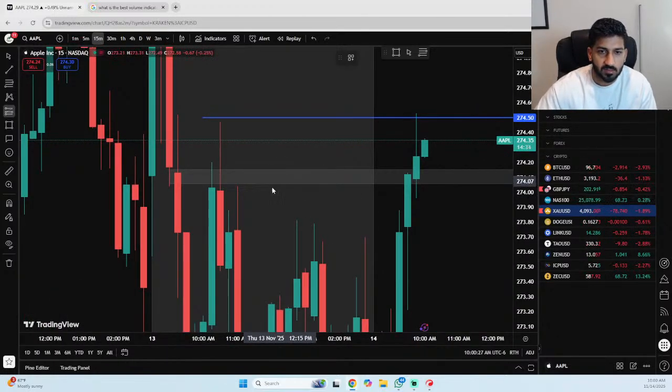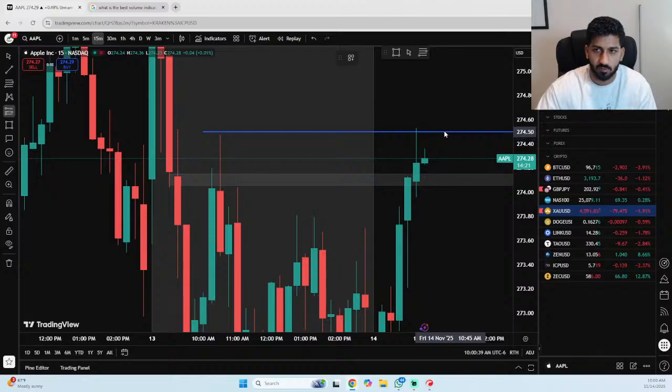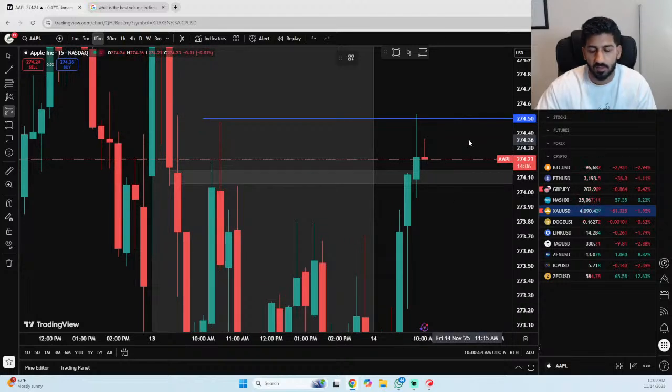You see, this support area of 274.05 held up. It closed above, so the next candle should continue to push up to the 274.50 highs again. I want this candle to come down to like 274.11, not break below 273.95. So let's see how this moves.